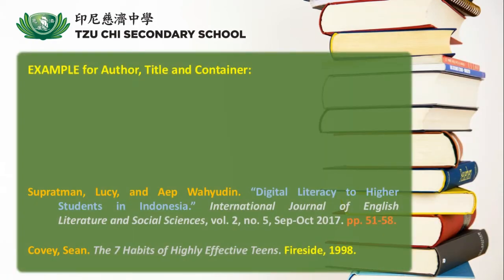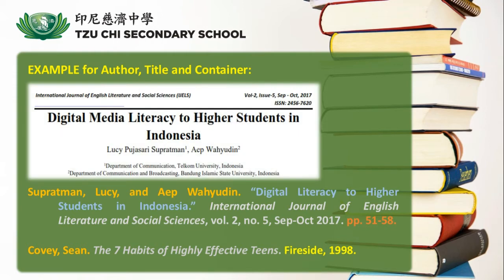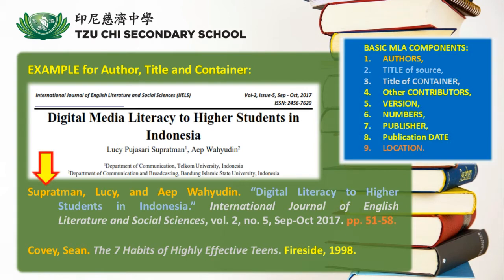This is an example of how to use the MLA. Here is a sample of a journal. The title is Digital Media Literacy to Higher Students in Indonesia, written by Lucy Pujasari Supratman and Aib Wahyudin.